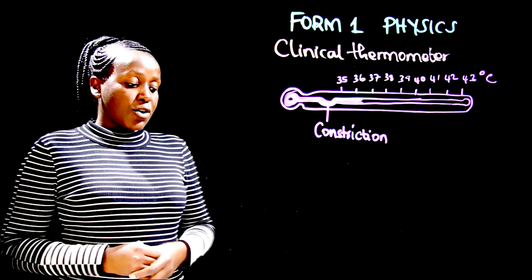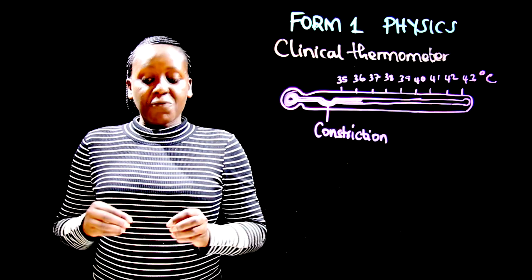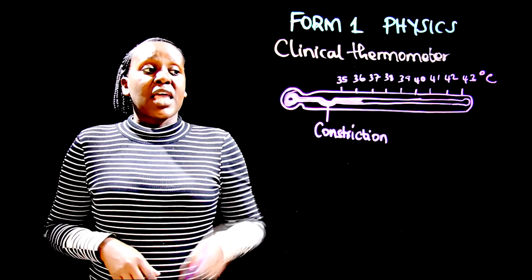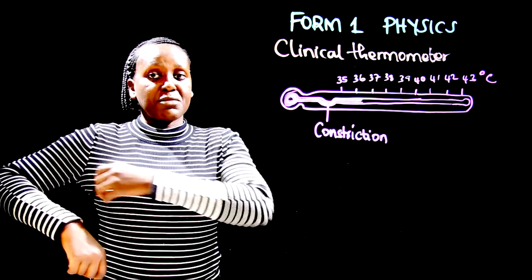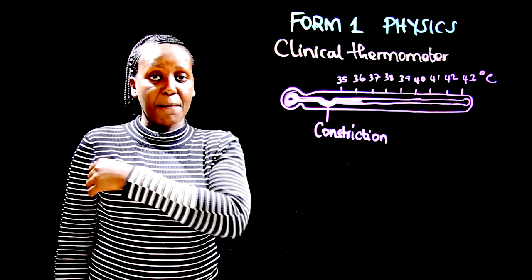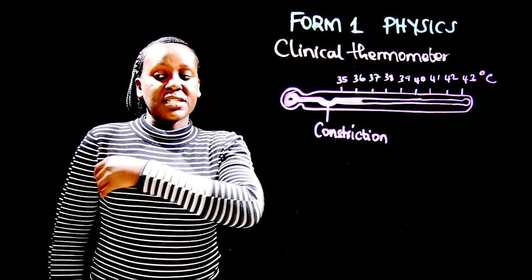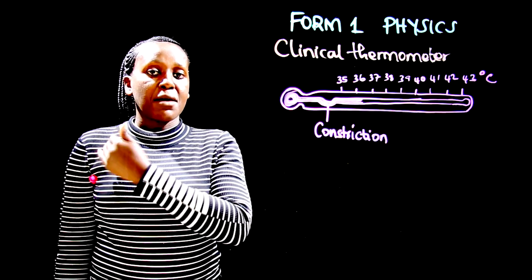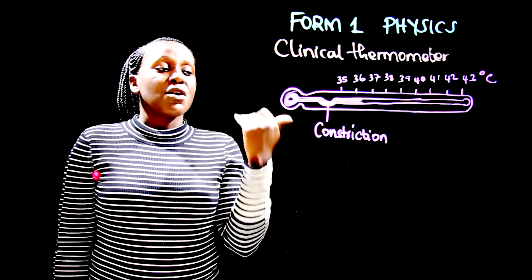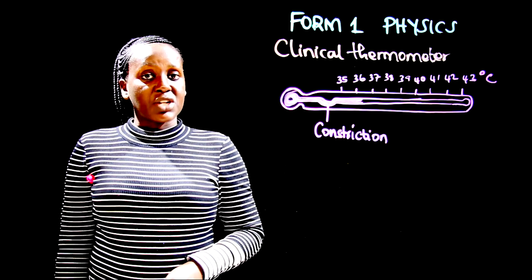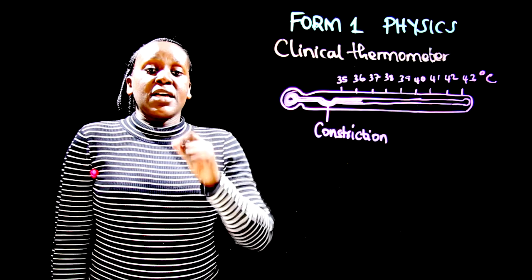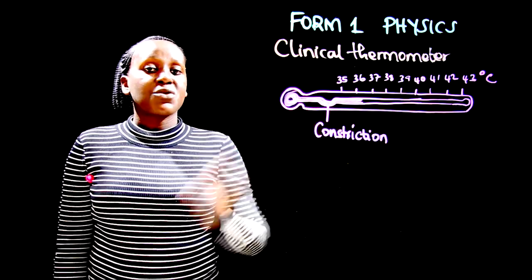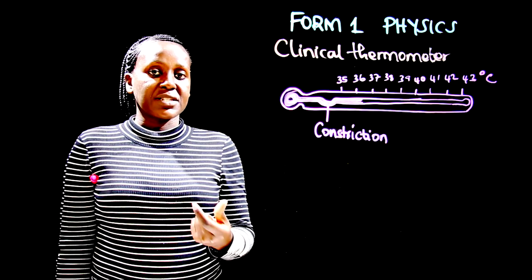Now, the reason why it has a constriction is because if you go to a hospital that is still using this type of thermometer, the thermometer is usually placed under your armpits. So the doctor places the thermometer under your armpits and then allows the mercury to rise based on your temperature. And then, remember what happens in a thermometer, the mercury reacts to the slightest change in temperature.